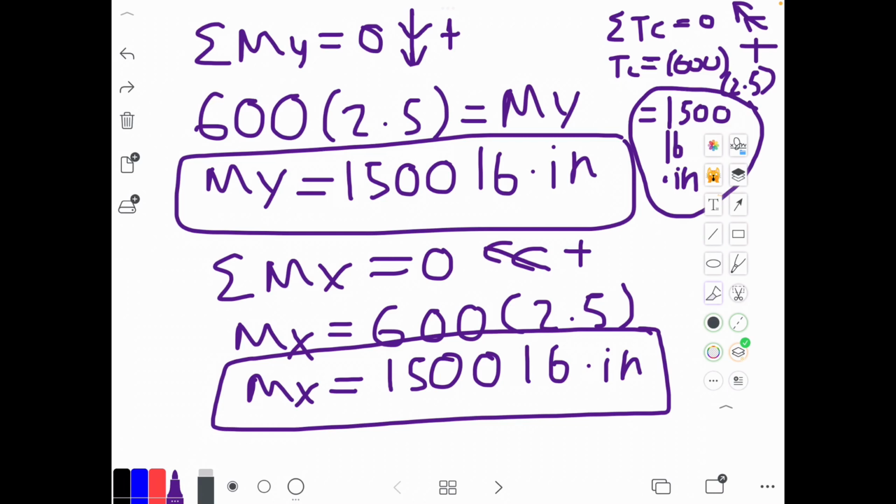Again, this is because the 600 pounds force at cross-section A is applied towards the end of the bracket. The 2,500 pounds force, even though it could have caused a moment, is applied in the middle of this bracket, so it doesn't have any effect on the moment and the twist that we have.